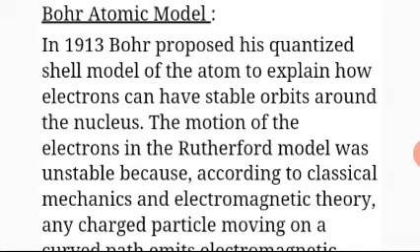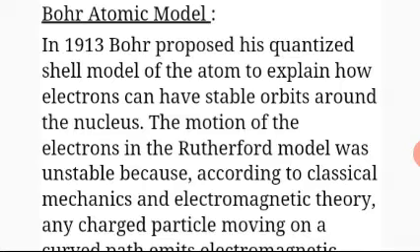Because of Bohr's atomic model, we can understand electronic configuration, because electronic configuration can be easily understood by Bohr's model. I did this topic, electronic configuration, but I relate it here.